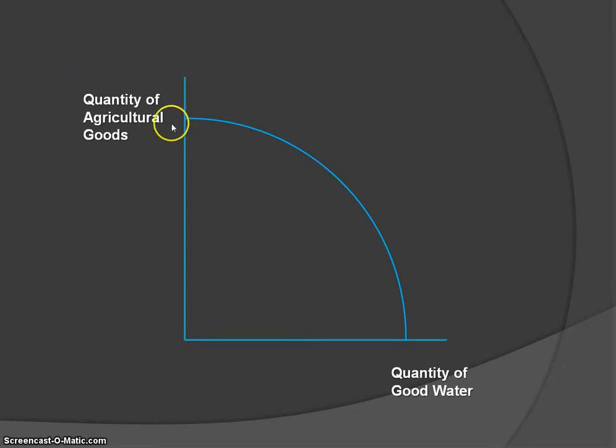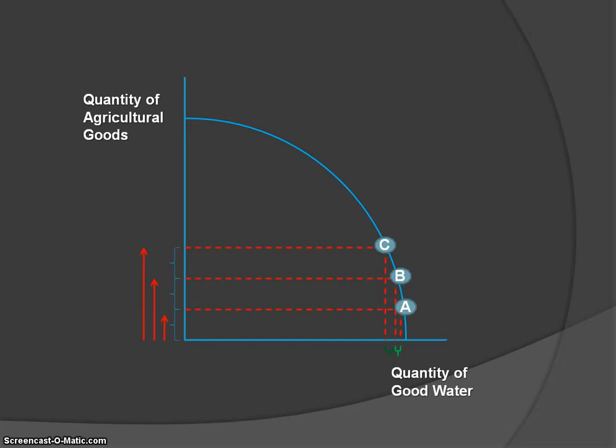Now you realize that my production possibility curve is bowed outwards. Why did I choose this particular curve? Well, it's simple. If each time I increase my production of agricultural goods, let's say from point A to point B, and then from point B to point C, I realize that I'm losing a little bit more good water quality.